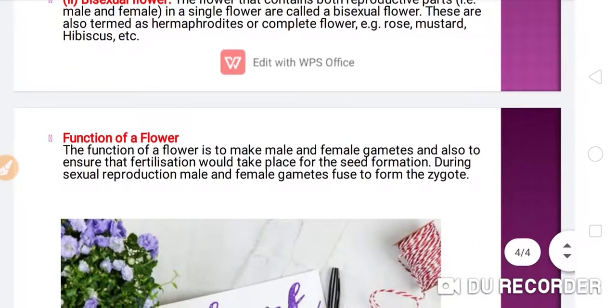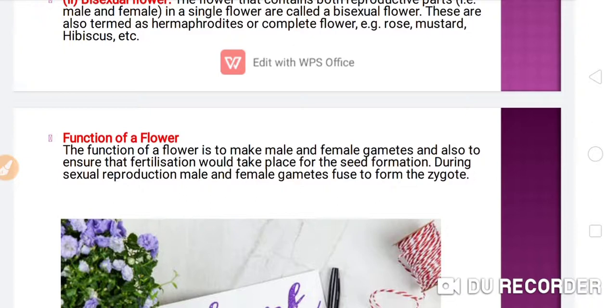Now come to another topic, the function of a flower. This is the last topic for today. The function of a flower is to make male and female gametes and also to ensure that fertilization takes place for seed formation. During sexual reproduction, male and female gametes fuse to form the zygote.